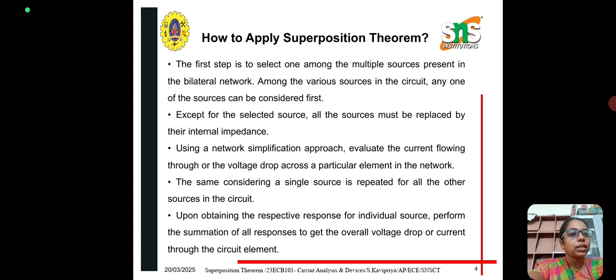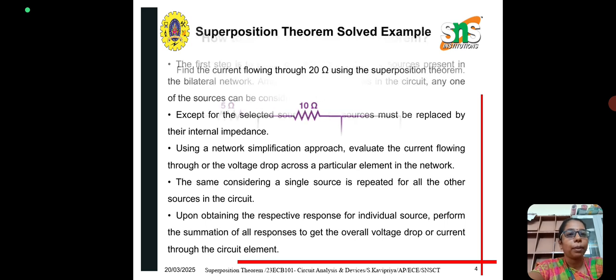The same is repeated considering a single source for all the sources available in the circuit. Upon obtaining the respective responses from the individual sources, we perform the summation of all the responses to find the overall response of the particular circuit. So, it is the overall voltage drop or current through the circuit element.